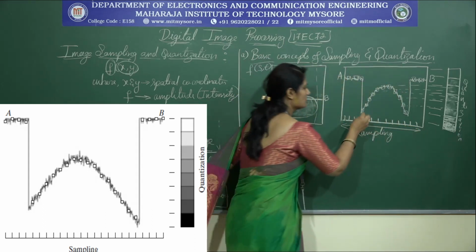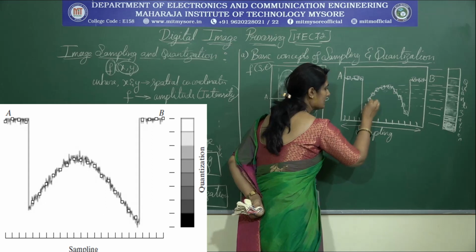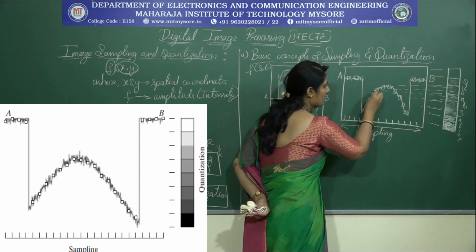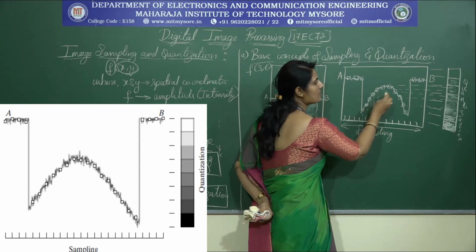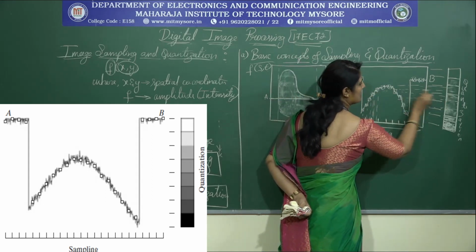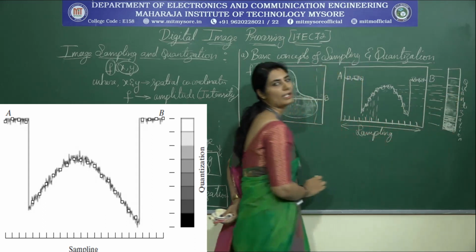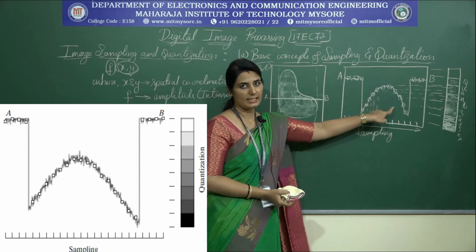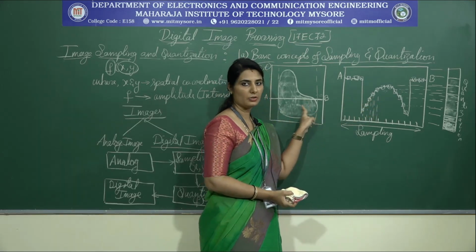Okay, so digitizing the samples based on the spatial location is nothing but sampling, and digitizing the samples based on the intensity levels is nothing but quantization. So this is how we perform sampling and quantization on the continuous image.